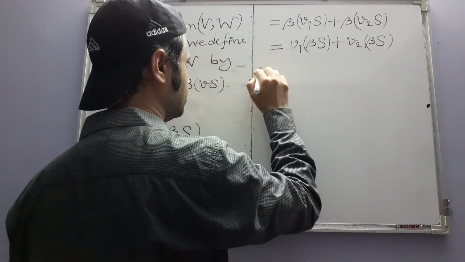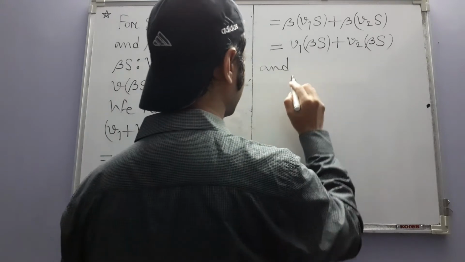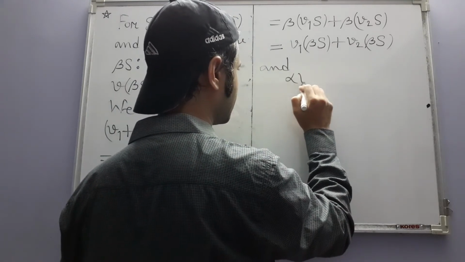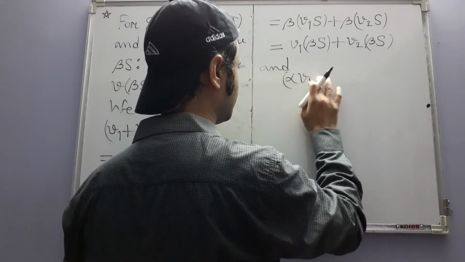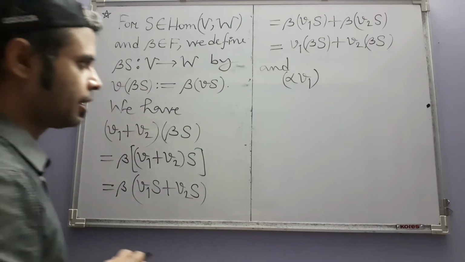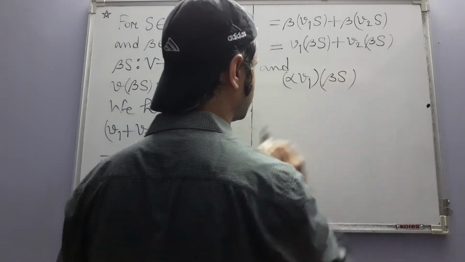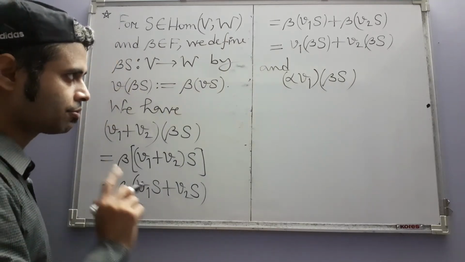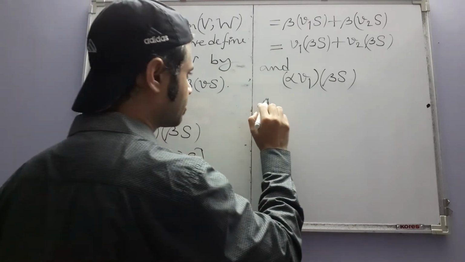And it's not over yet. Here there are two scalars involved, right? So we have to be extra careful. We are considering the multiplication of v1 by the scalar alpha, and on that we are applying the function beta S. First of all, the definition of beta S has to be written.